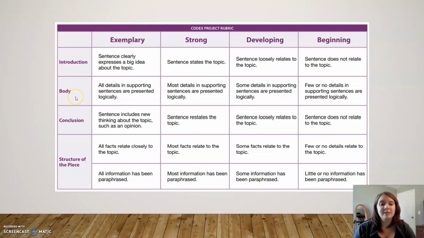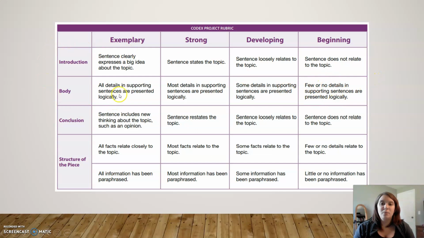The body, what that means is the meat of your writing, the middle part, the part with all those details. That's what that body means. So for exemplary, we want all details and supporting sentences to be presented logically. We're not just kind of writing whatever, just to write whatever. And then if you're not really showing it, it means you don't have any details and they're not really written properly.